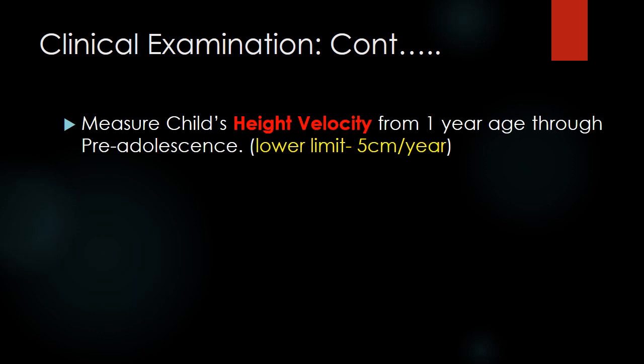The other thing in the clinical examination or the measurements is to measure the child's height velocity, and this we keep on measuring from 1 year through pre-adolescence. Generally speaking, from 1 year onward, the height velocity would be 5 centimeters per year.